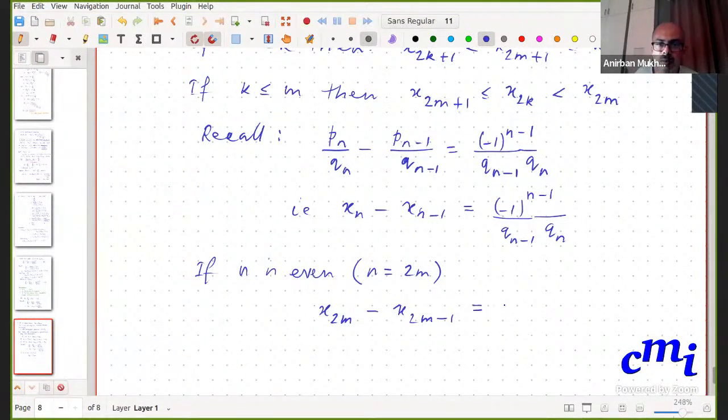This is minus 1 to something odd. So that is negative. So this is less than zero.